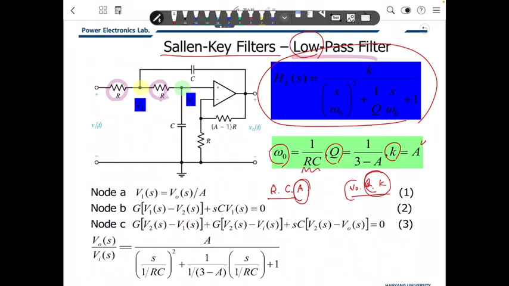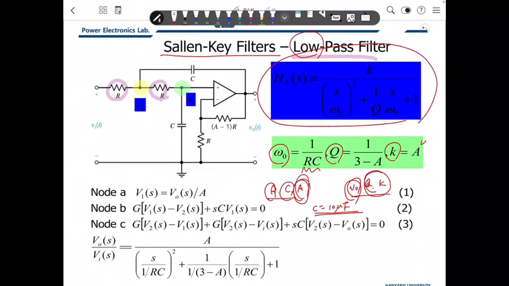So for omega 0, design R and C. There are many combinations of R and C that determine omega 0. In this case, at first you need to define some variables. For example, the capacitance is 10 microfarad, then R is defined as a result.